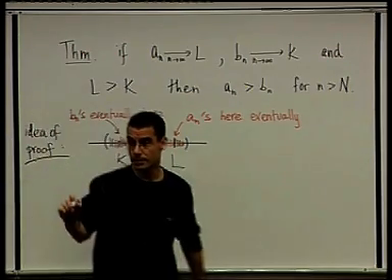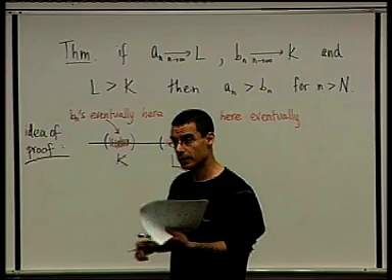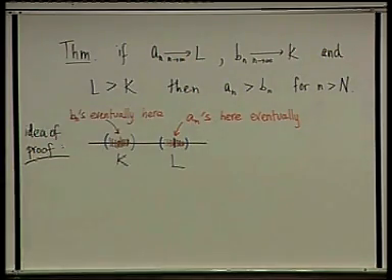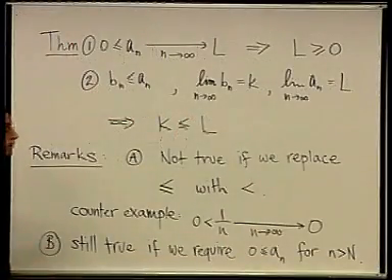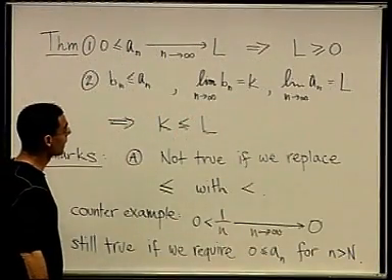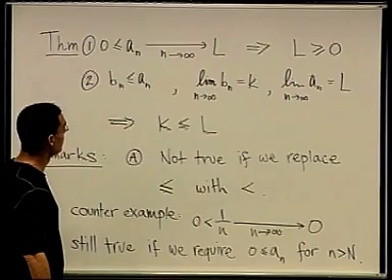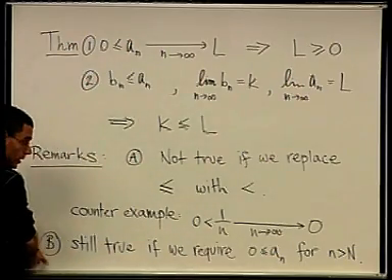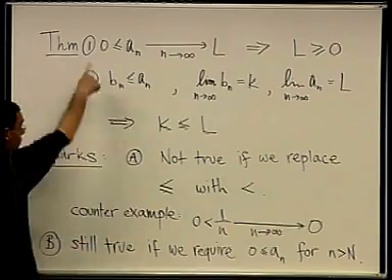Question? Yes? For theorem number 2 over here, there also should be n greater than big N. There also. Yeah. This remark applies to both of them, to both 1 and 2.